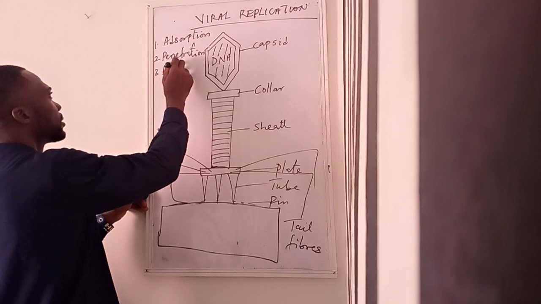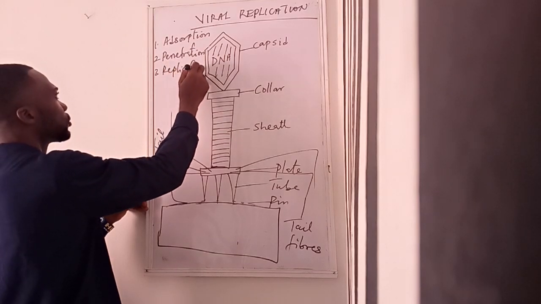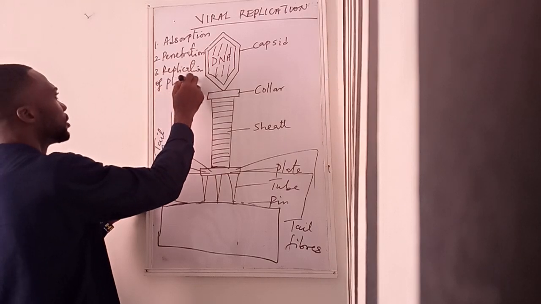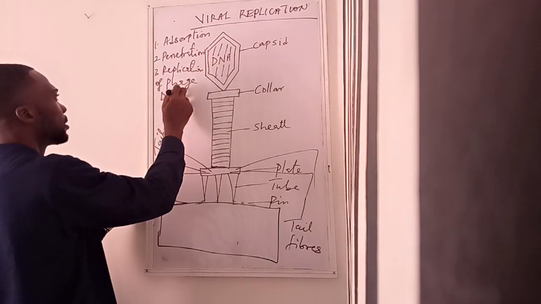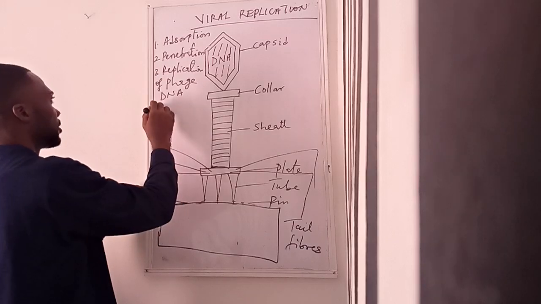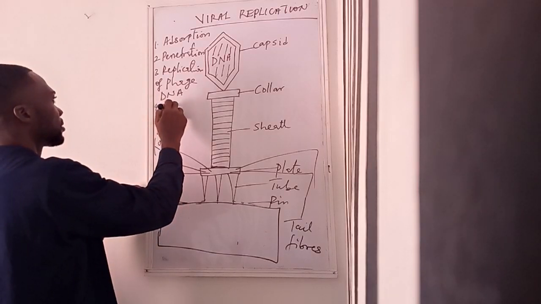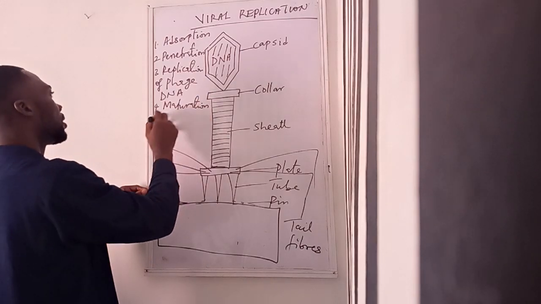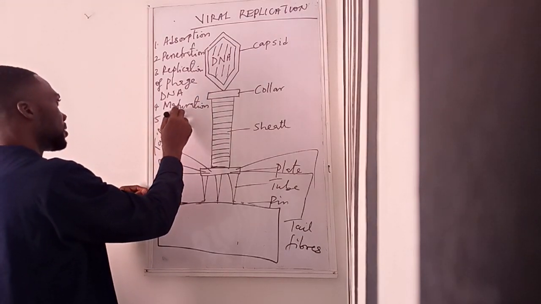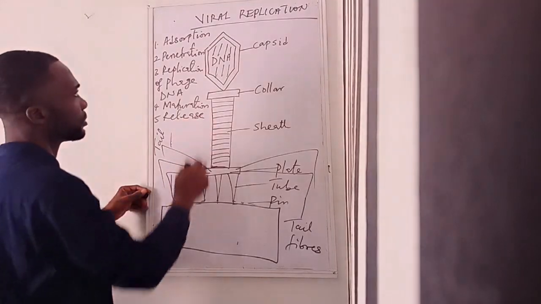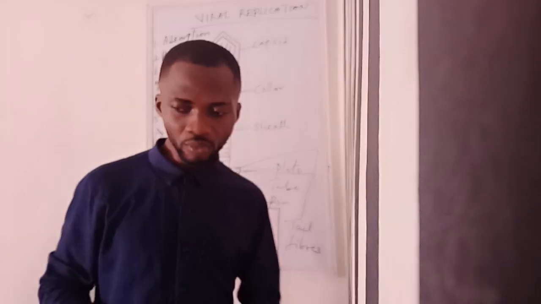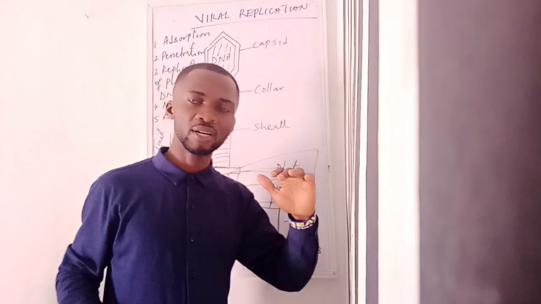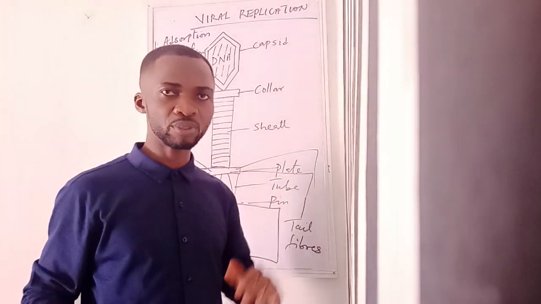Third one is replication of phage DNA. Fourth one is maturation. And the fifth one is release. So these are the different stages involved in viral replication.